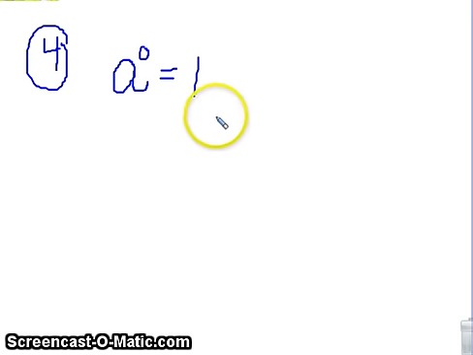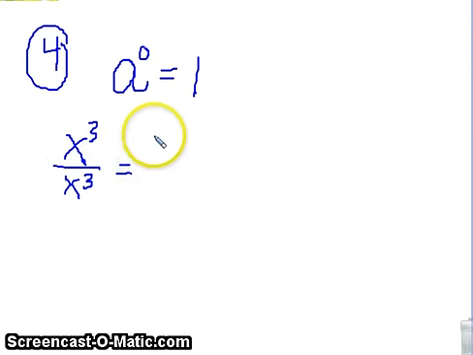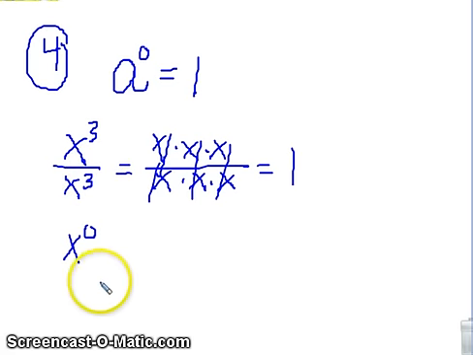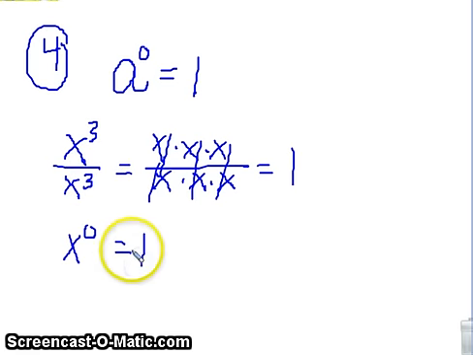The reason that anything to the 0 power is equal to 1 is because if I had x to the 3rd over x to the 3rd, that means I have x times x times x and x times x times x. These cancel out and leave me with 1. Well, our division rule says that 3 minus 3 is 0, because we should subtract if we are dividing. So anything to the power of 0 is 1.